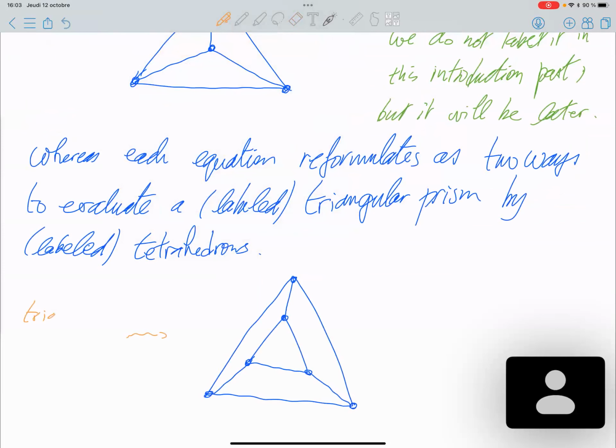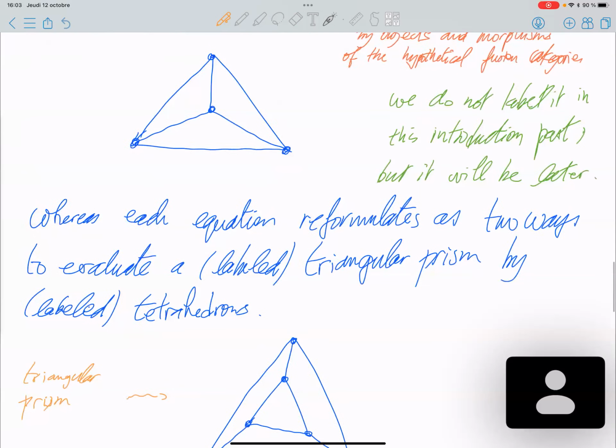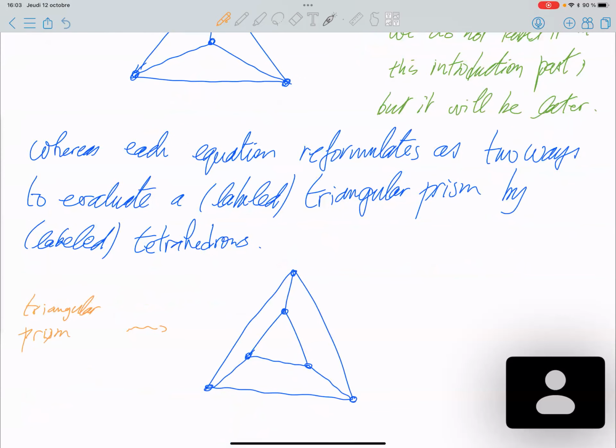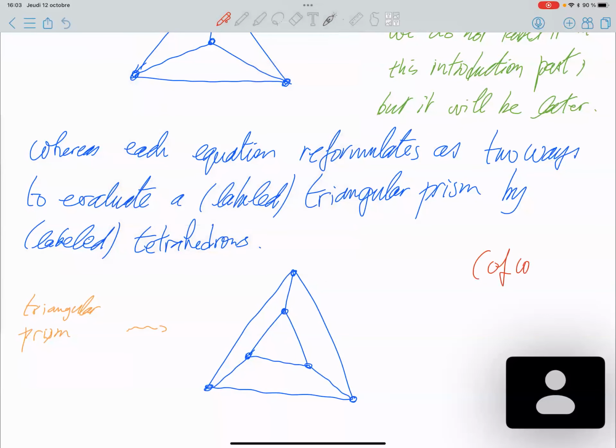Triangular prism graph. So of course it should be labeled, as I said. Again, of course, we will need to label every graph.